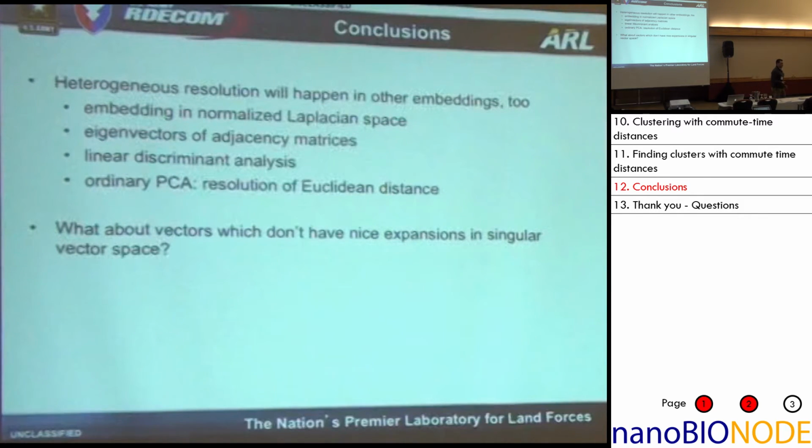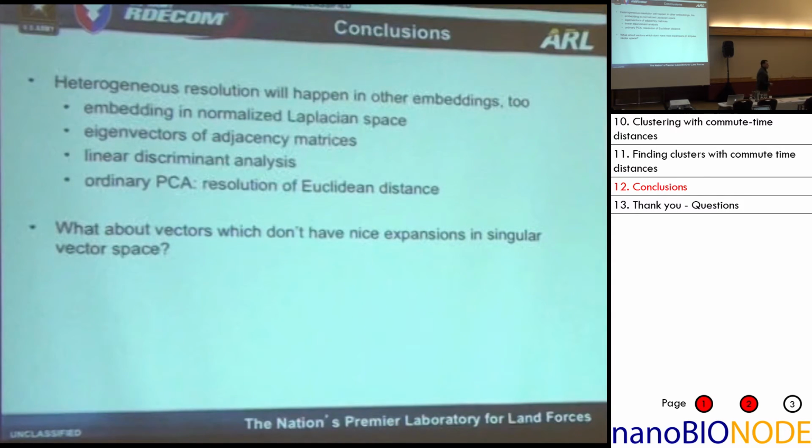In case you're not familiar with that, that's just a method to find the best linear separator of two normally distributed classes. And then ordinary PCA, we're going to see that too, although any proof of this would look slightly different for ordinary PCA because we're not actually solving any linear systems.